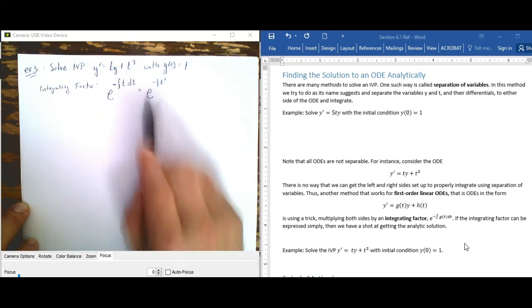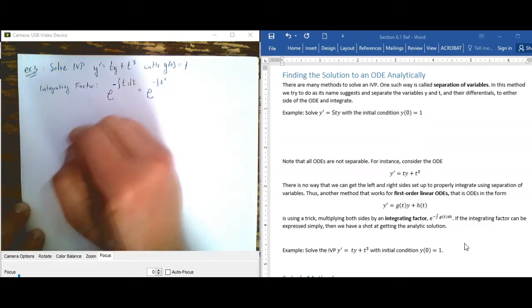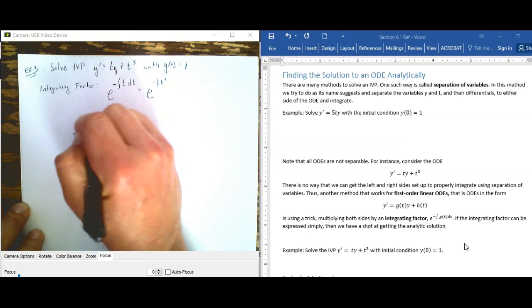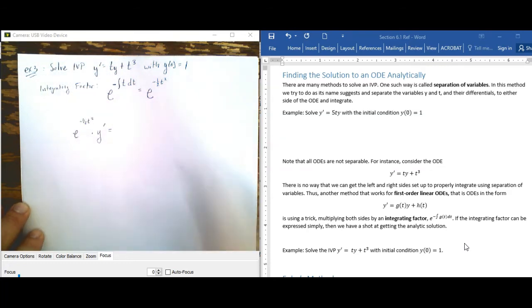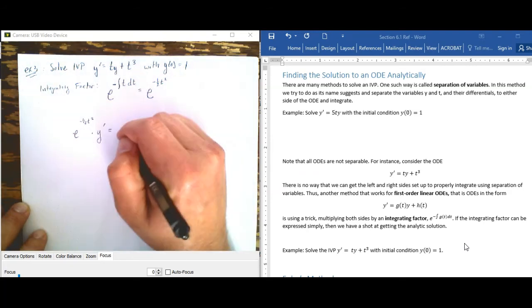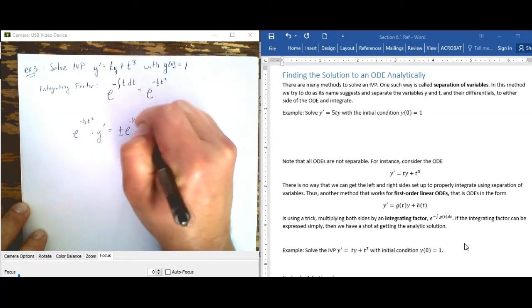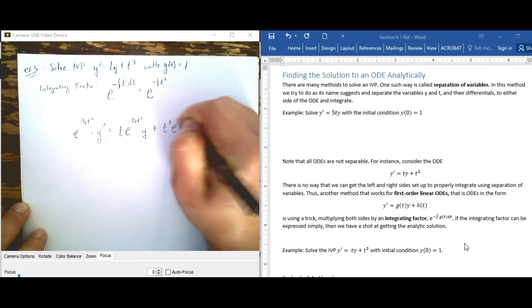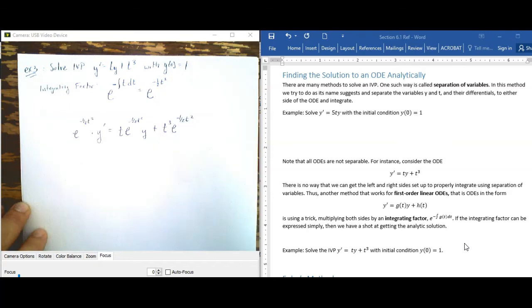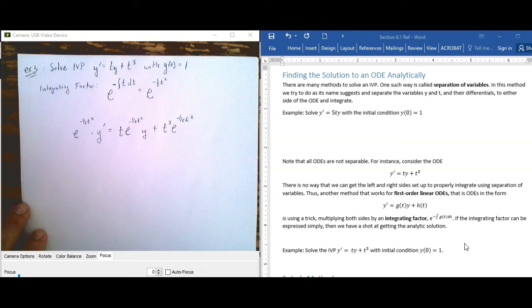So here is our integrating factor. We're going to multiply both sides of the equation by that. So we'll have e to the negative 1/2 t squared times y prime equals t e to the negative 1/2 t squared y plus t cubed e to the negative 1/2 t squared. Okay, so just multiplying all the terms by that integrating factor.